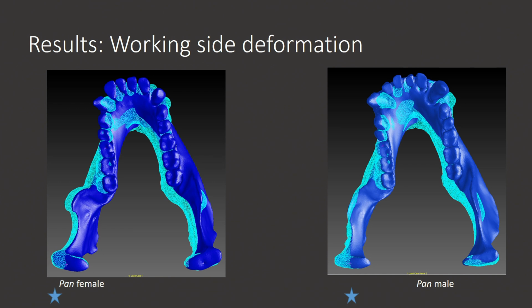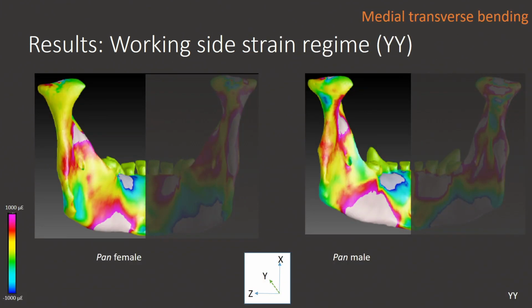And if that's true, we also expect to see tensile strains on the lingual aspect. And so in posterior view, it does look that, although somewhat diffuse, there is tension along much of the lingual aspect of the corpus and ramus. So that pattern of YY axial strains is consistent with a superposition of sagittal bending and medial transverse bending on the working side.